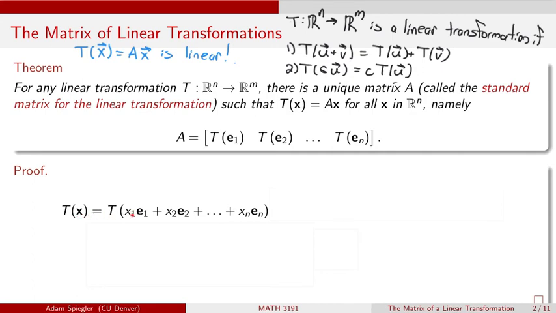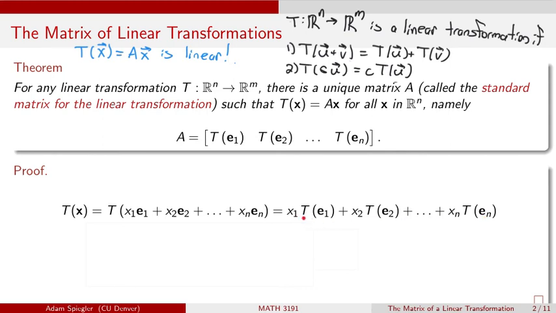So any vector x I can write as some scalar x1 times the vector E1, plus some scalar x2 times E2, all the way up to some scalar xn times the nth standard column vector En. And now, because we were given that T is a linear transformation, we can break up addition from inside of this transformation, and we can pull scalar multiples from inside this transformation to outside. So here I'm just using those two properties of a linear transformation.